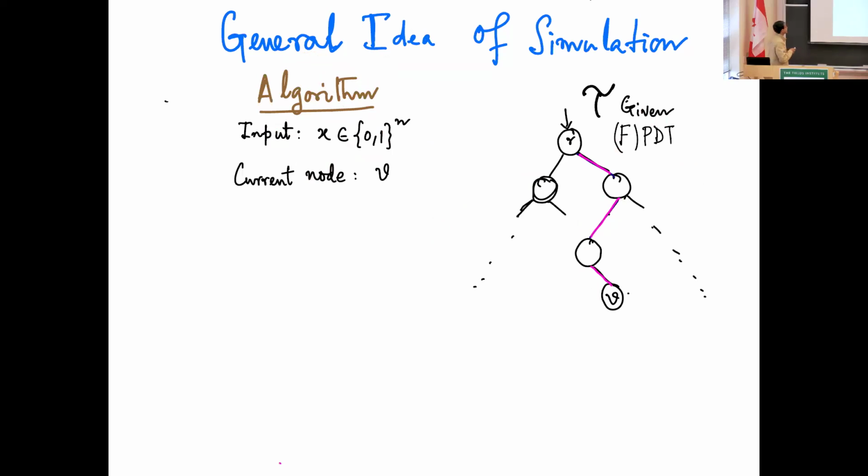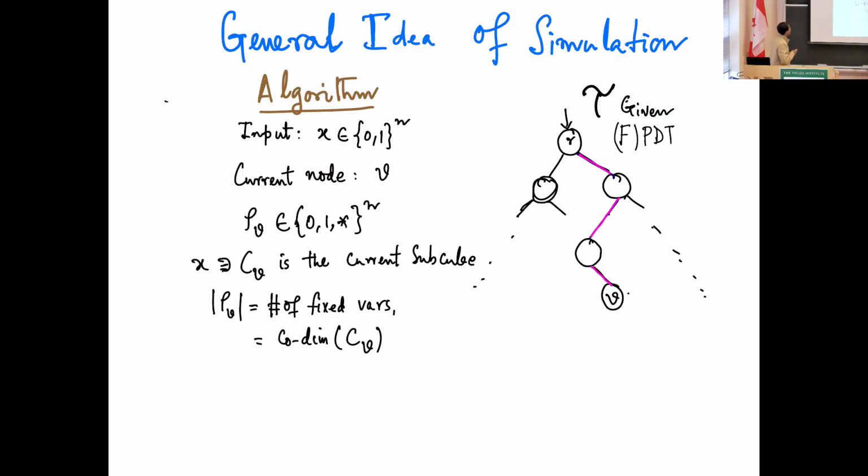So in this particular algorithm, I'm simulating this, and at every node as I descend down this path of the parity decision tree, I'm going to remember the set of partial assignments that I so far remember in my algorithm.